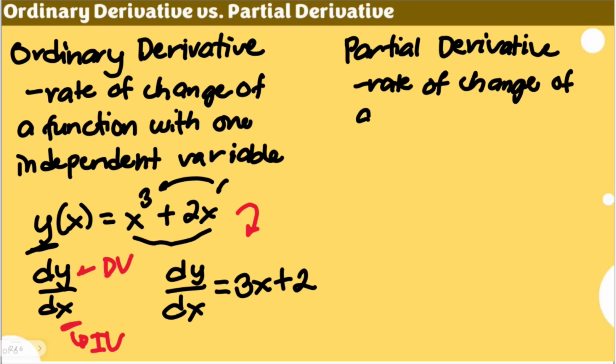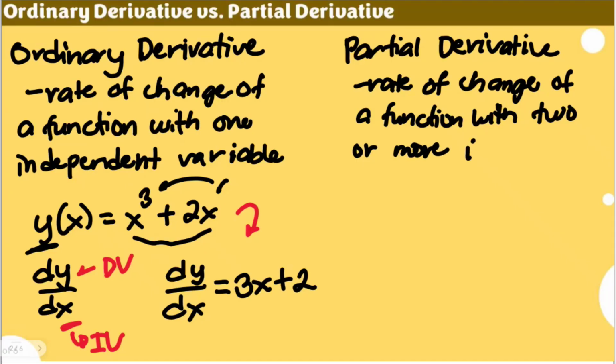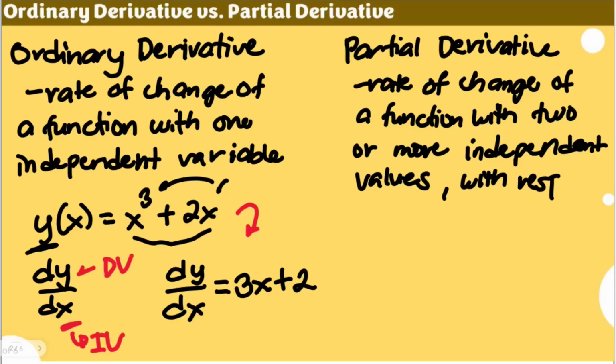Now, as for the partial derivative, this talks about still the rate of change of a function with two or more independent variables. So this time we may have two or more independent variables, but we take the derivative with respect to one variable at a time.